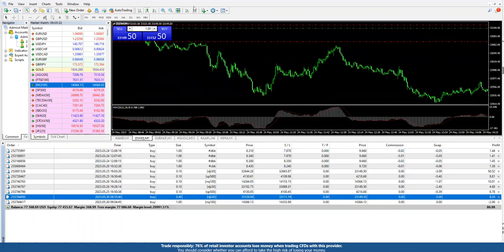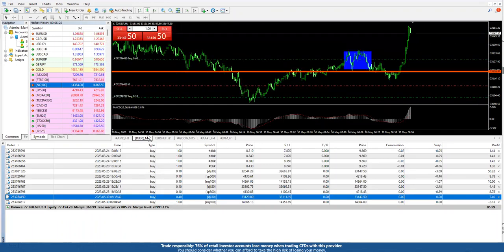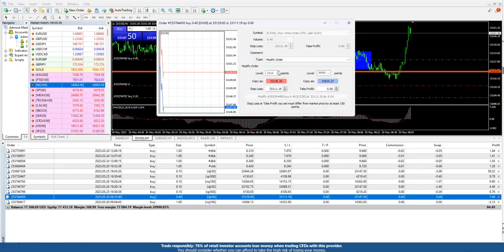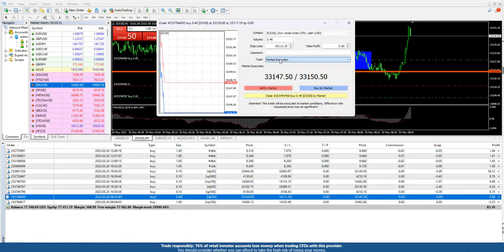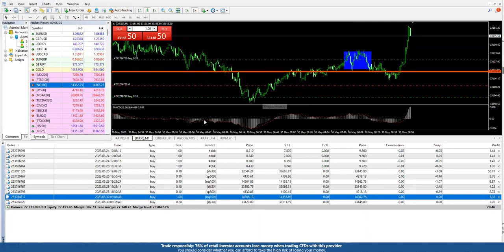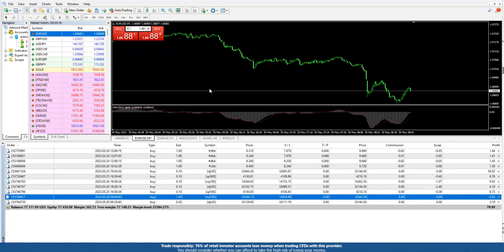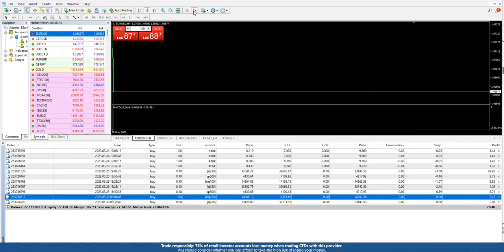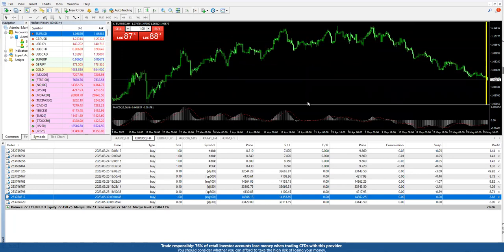Let's go back to Dow Jones. I will make another partial closing. And we can check other charts also. First of all, let's check euro dollar. It's a downtrend. And you can see, unfortunately, the downtrend is continuing.